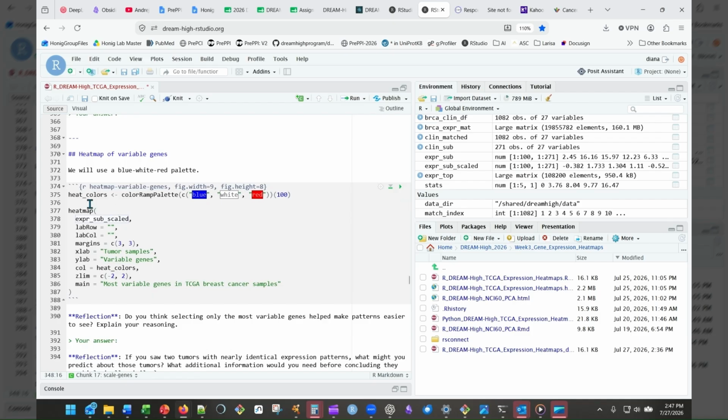We've done heat maps before. This allows us to choose what colors we want, and we're going to use the typical red, white, and blue. So heat colors here comes in down here for the argument color.